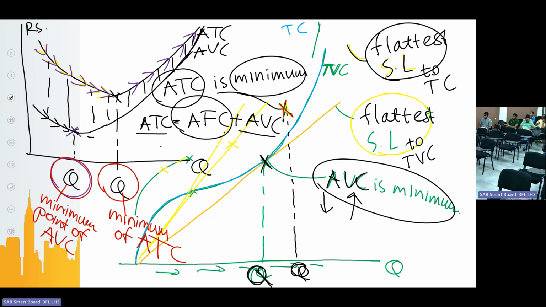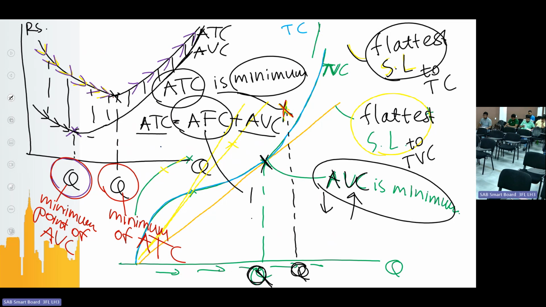Sorry for that mistake, it's a big mistake. I confused it with MC. ATC takes a U shape, ABC also takes a U shape, but those two curves never touch each other. Instead, the gap between ATC and ABC is getting decreased. The gap is AFC.